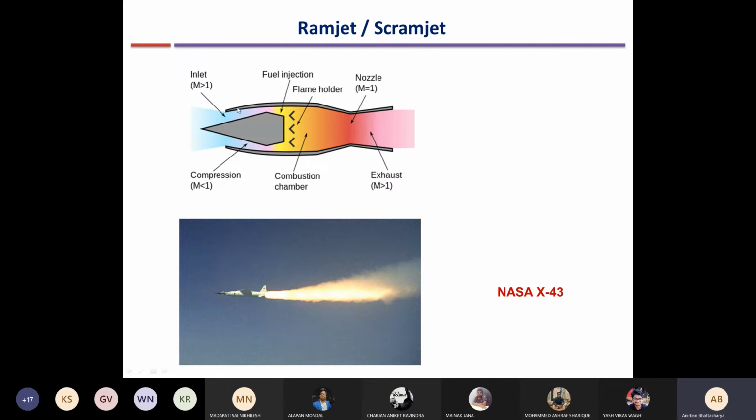So they are in principle exactly the same as ramjets. The only difference is that the combustion occurs at supersonic speed, and it's a very difficult task because the velocity is so large in the combustion chamber that the tendency of the flame blowing out is very large. So you need very careful turbulence setup and mixing so that you can sustain the flame there.